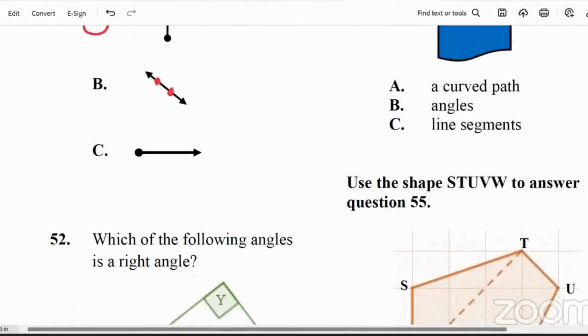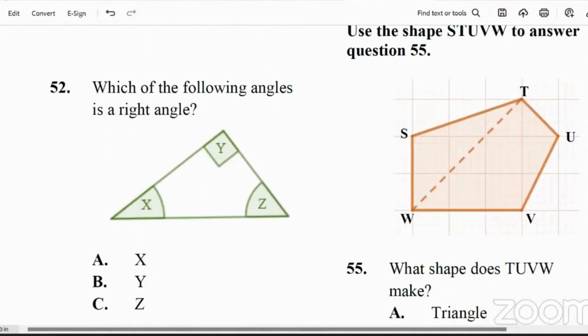All right, question 52. Which of the following angles is a right angle? All right, so even without thinking too much about it, the right angle is not curved like X and Z, it's usually square, okay? So it usually has straight lines.